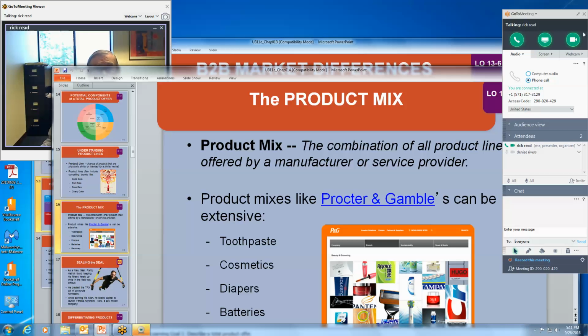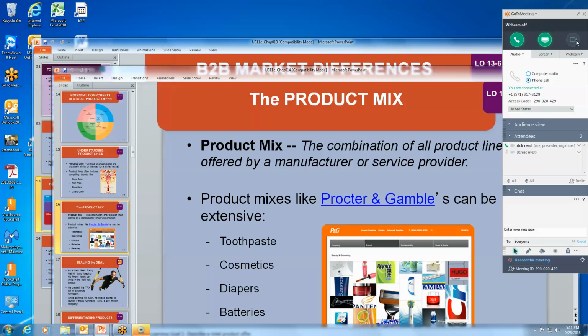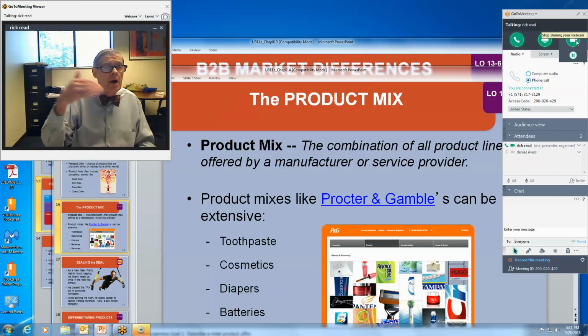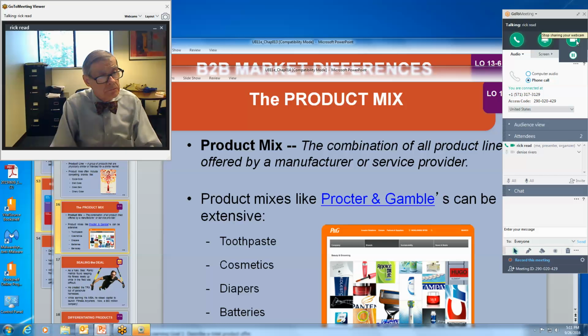A product mix, on the other hand, is different product lines offered by the same manufacturer, or as it says here, a service provider. What they mention here is Procter & Gamble, a large consumer products manufacturer that's headquartered here in Cincinnati.